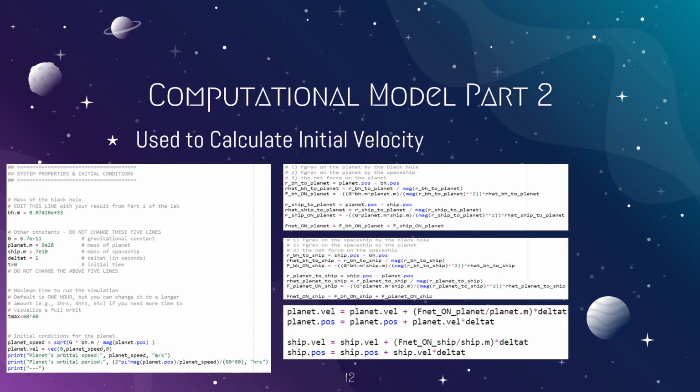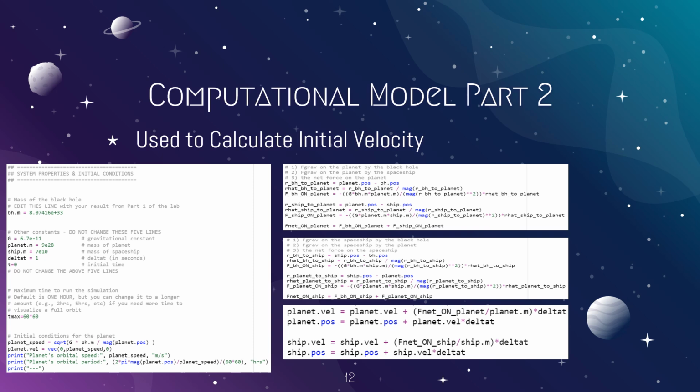So then for part 2, we have to basically find the initial velocity of a spaceship through trial and error. So basically you set up your initial conditions and then you iteratively set up the different forces that are acting in the system. So you have the force of the black hole on the planet, you have the force of the ship on the planet, you have the force of the black hole on the ship, and then you have the force of the planet on the ship.